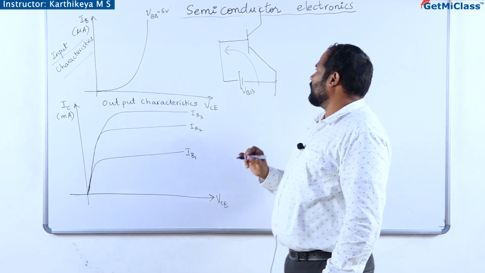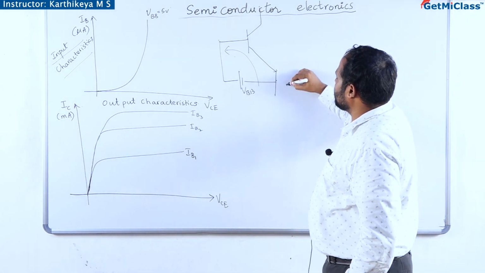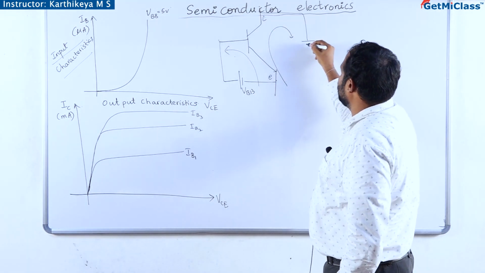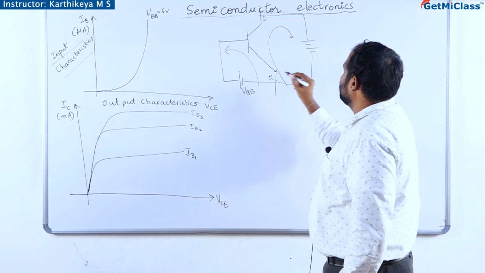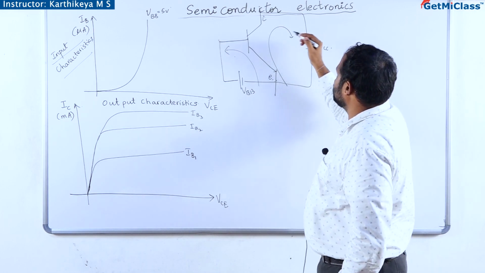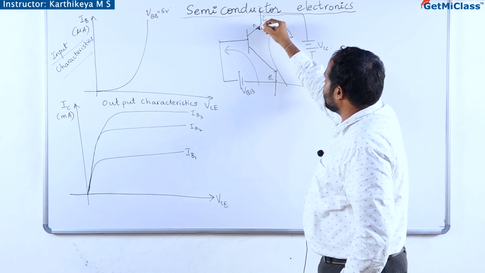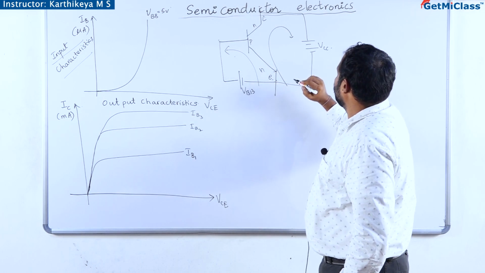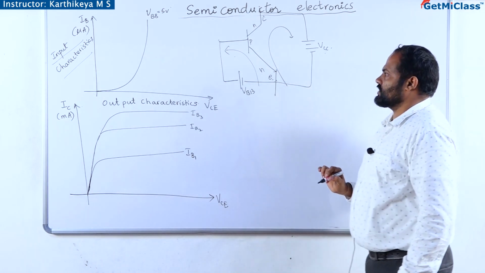However, the output characteristics must be taken across the collector and emitter, to which VCC is connected, which is in reverse bias. So, if I take this as an NPN transistor, then this is a reverse bias.